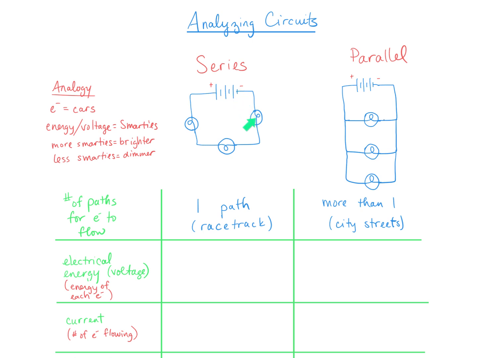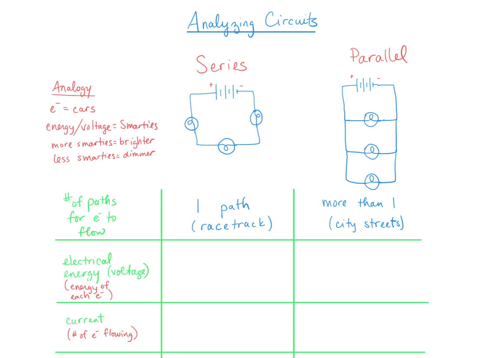How many loads are along this path? The fact that there are 3 loads in this single path means that when the car gets here, it's going to dump only some of its Smarties. It's going to need to have some Smarties left to dump at this load and here.